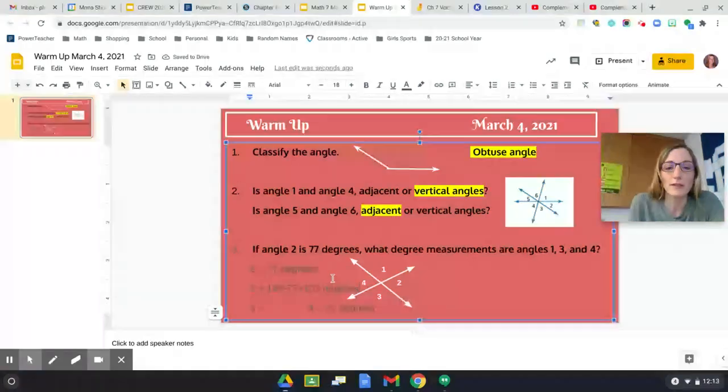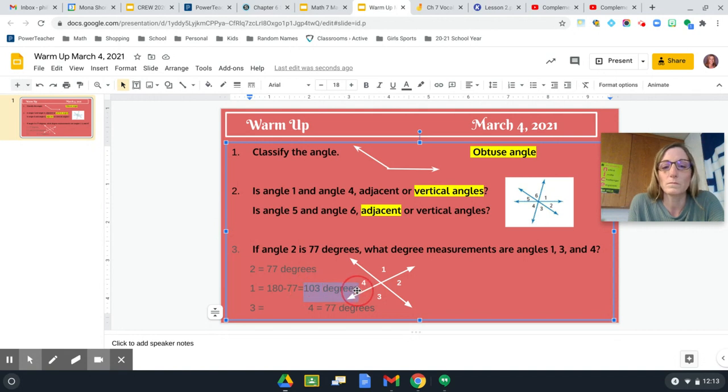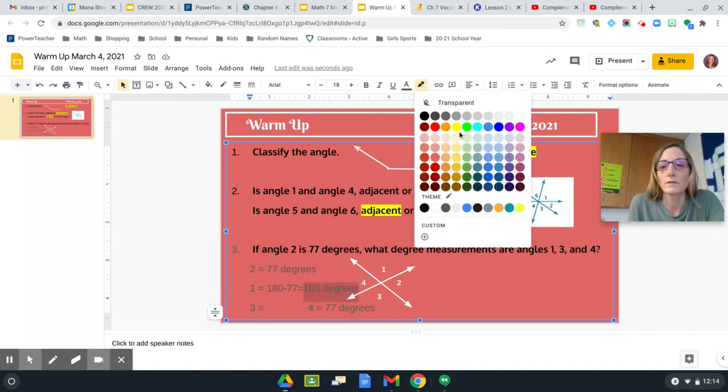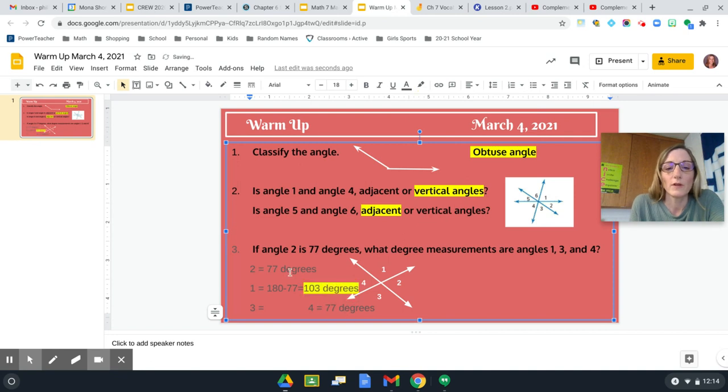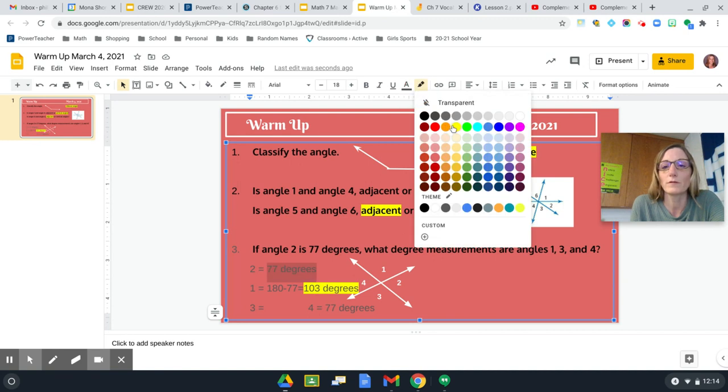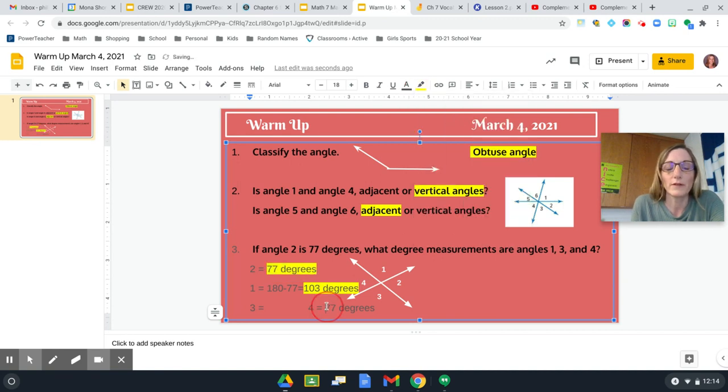Let me highlight that. All right. We know angle 2 is 77 degrees, and angle 4 is 77. So we have one angle left, angle 3. Angle 3 is directly across from angle 1. Remember, these are vertical and congruent. So if angle 1 is 103 degrees, angle 3 is also 103 degrees.